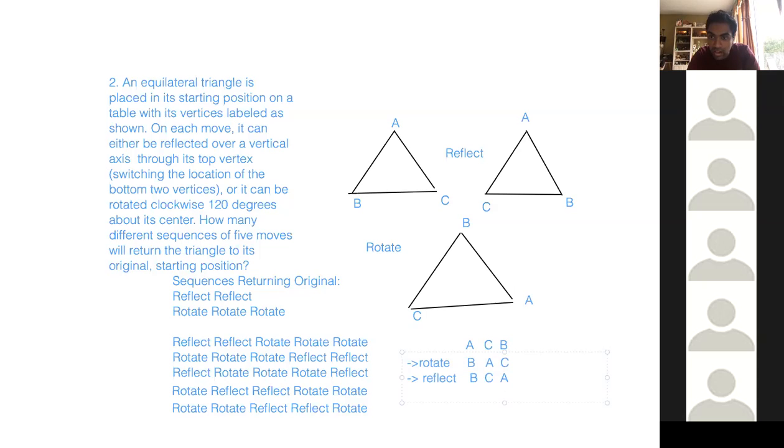Rotate, reflect, rotate, reflect, rotate. Okay, so after we rotate, what would we get next? Good, ABC.